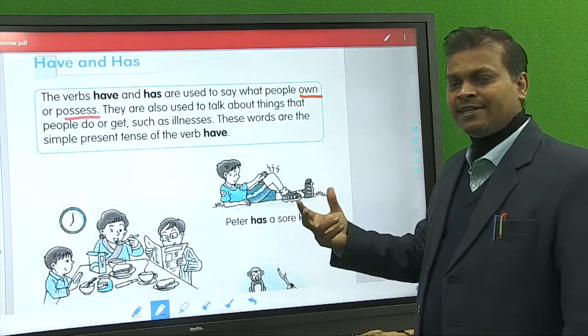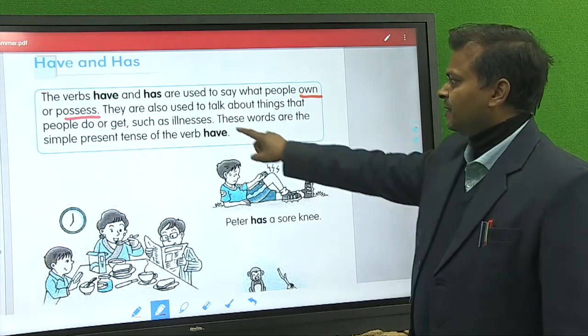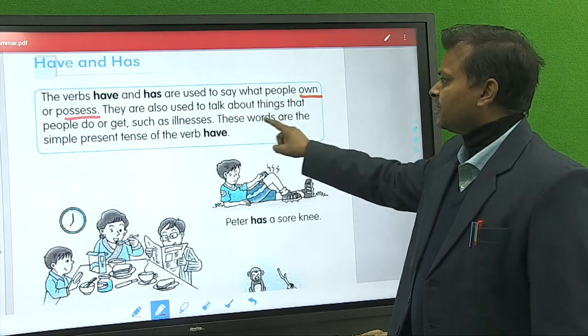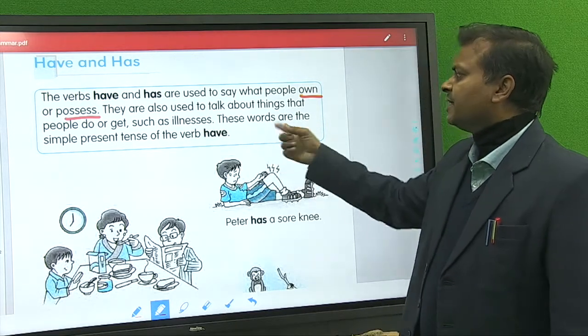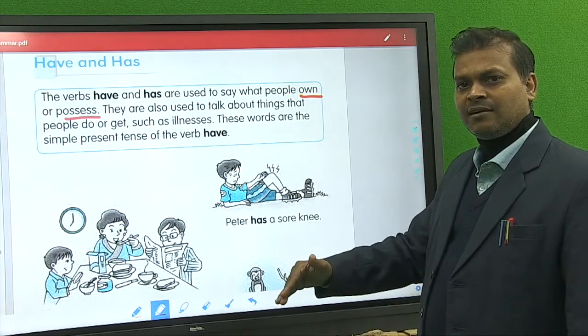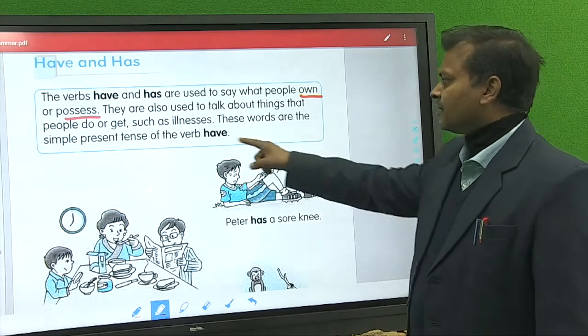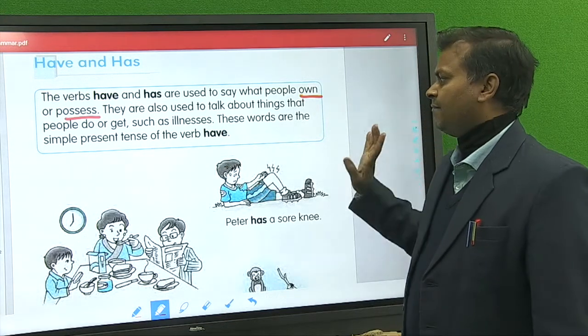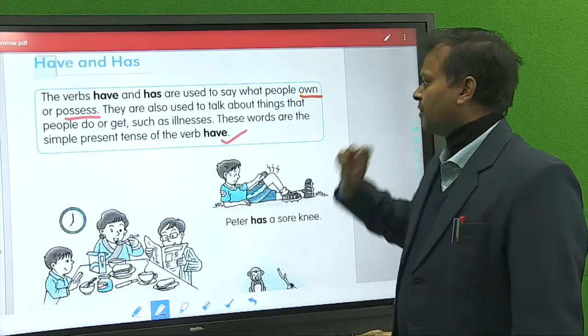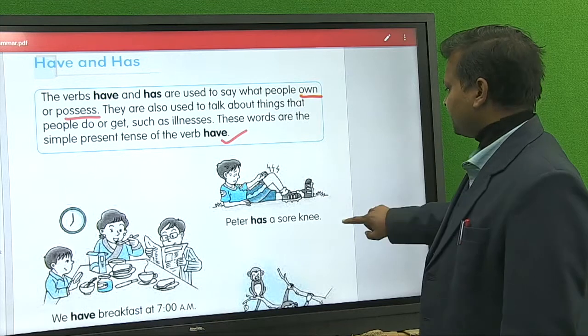To express those things, we generally use has and have. They are also used to talk about things that people do or get, such as illnesses. Suppose someone is feeling sick, so has and have will be used there. These words are the simple present tense of the verb have, right? It is very important. Now let us see.